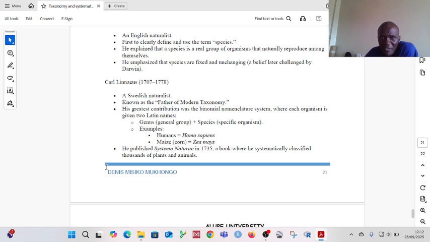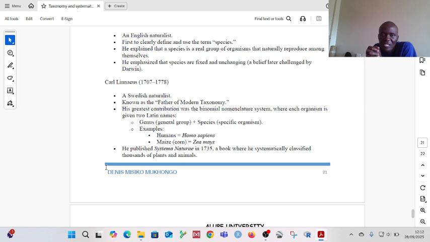Between 1707 and 1778, we now had the Swedish naturalist, Linnaeus himself. He is known as the father of modern taxonomy. Amongst his greatest contribution was the binomial nomenclature system, which we will see later. Through the binomial nomenclature system, organisms are assigned two Latin names: the genus and the species.